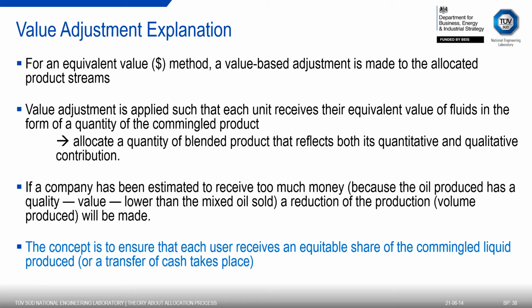And then, having the quality of the oil from your fiscal measuring point, you are capable to calculate the production from a financial point of view here and rebalance it in terms of volumetric flow rate. Okay? Not seen very often, okay? But this is to avoid sometimes the transfer of money that you need to do between different partners. The idea here is very simple. You want to ensure that each user is receiving an equitable share of the commingled fluid which has been produced.